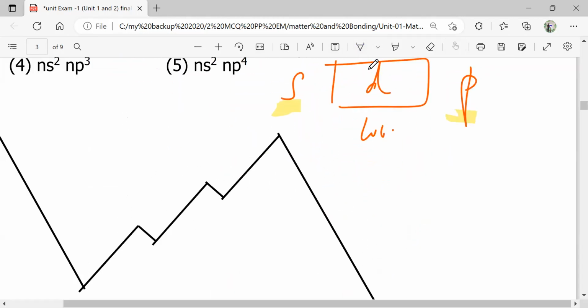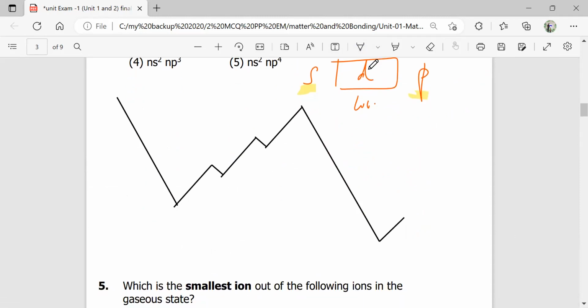Right. This is a graph I have just prepared for you. This is lithium, beryllium, then boron, carbon, nitrogen, oxygen, fluorine, and neon. And this one, sodium and magnesium.